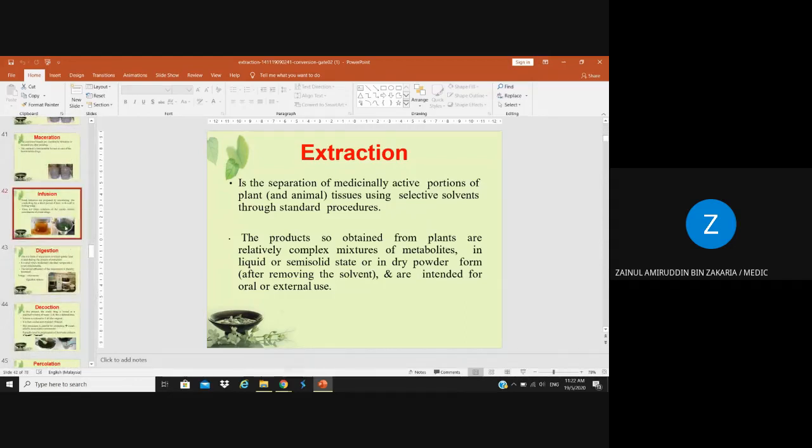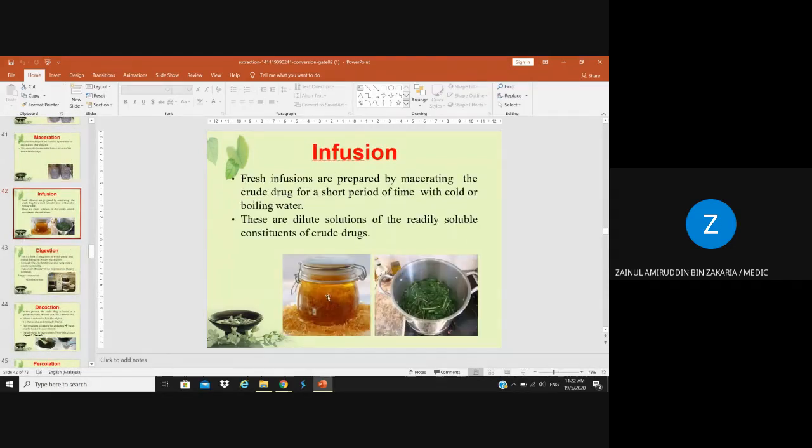For example, you put your dried leaves, your dried bark, or any part of the plant that you are studying, the fruit or the stem, whatever it is, in a solvent. It can be water, it can be organic solvent, for example, methanol, ethanol, chloroform, depending on what you want to isolate, the nature of the bioactive compound.